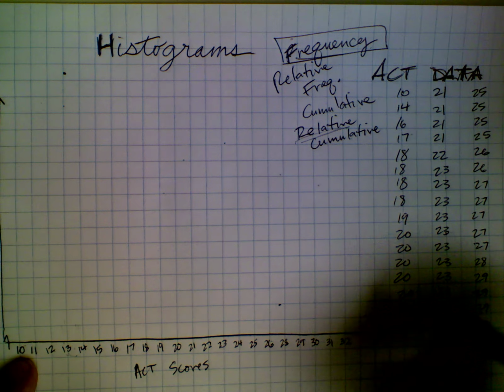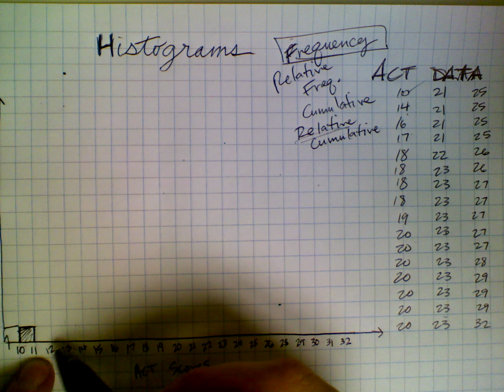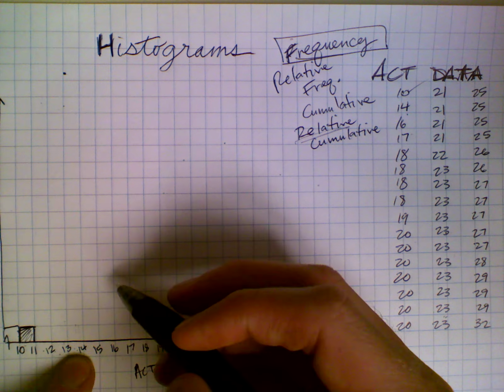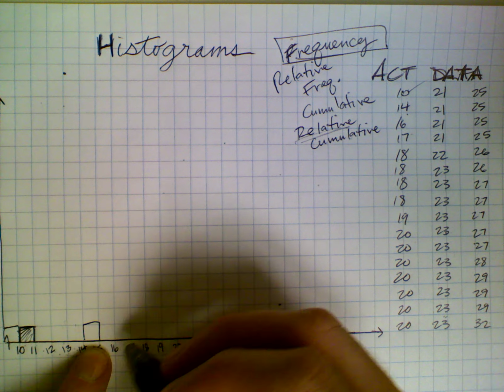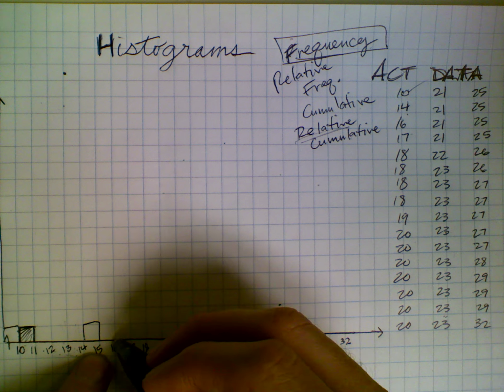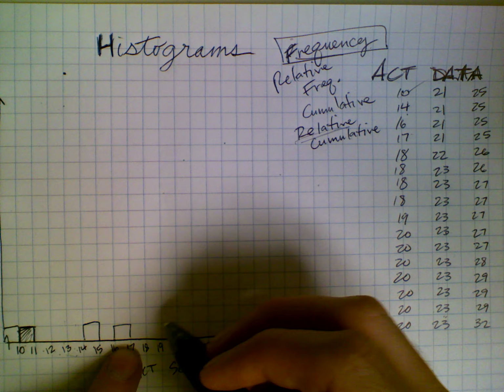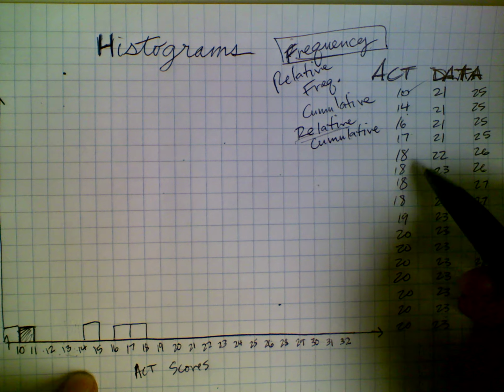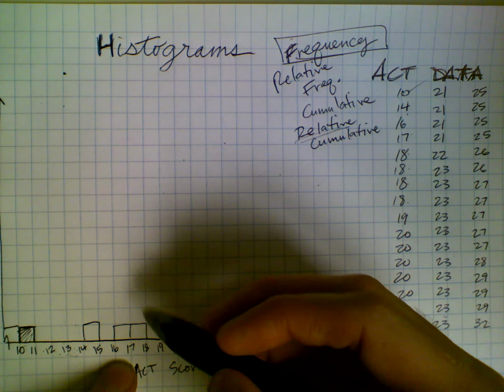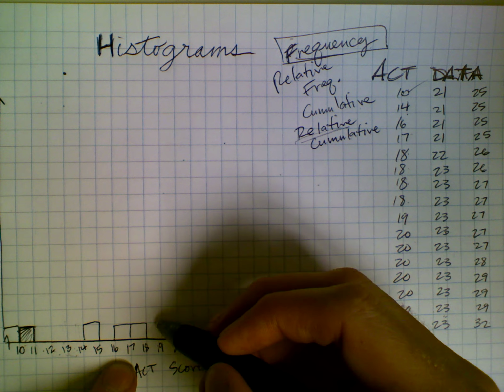I have sorted this already in my calculator. I got a 10, there's one 10. I have no 11s, I have no 12s, I have no 13s, I have one 14. I have no 15s, I have a 16. I have a 17. I've got four 18s.